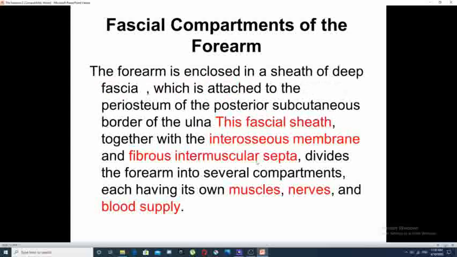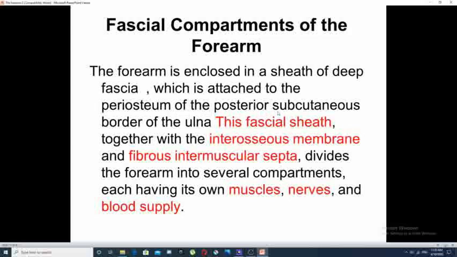What about deep structures in the forearm? Fascial compartments of the forearm. The forearm is enclosed in a sheath of fascia, which is attached to the periosteum on the posterior subcutaneous border of the ulna.